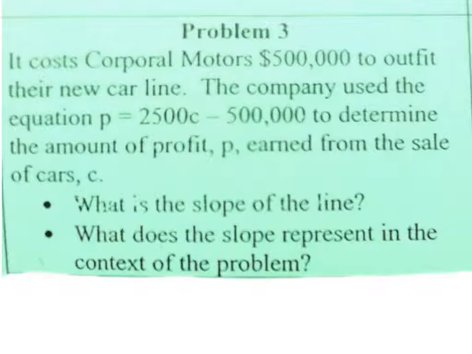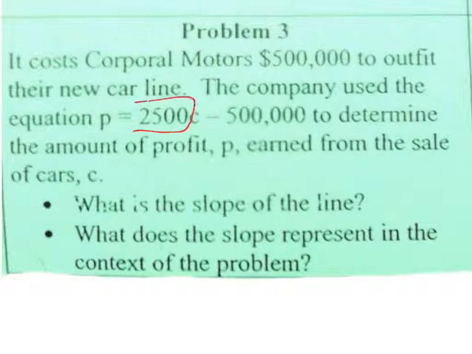Yep, so there it is. Moving on to problem 3, we have the Corporal Motors. They spent $500,000 outfitting a new car line, and they use this equation to figure out their profits. So notice the $500,000 is here, it needs to be subtracted because they're trying to get profit. And which makes this the piece where they're going to make the money, and they make the money from selling cars.